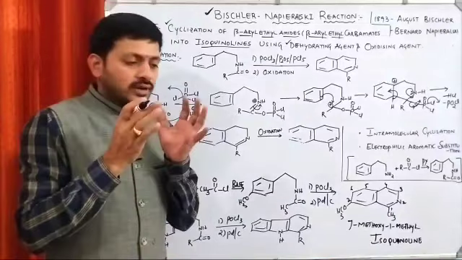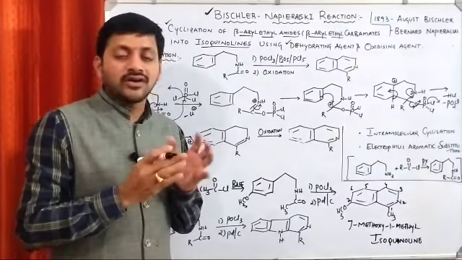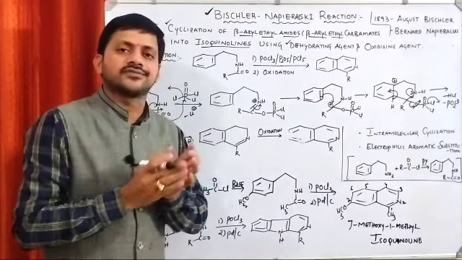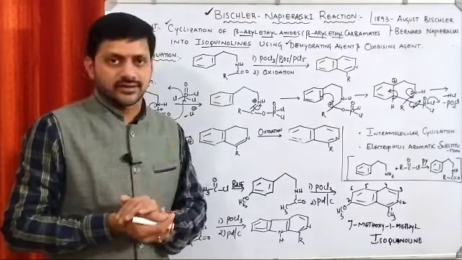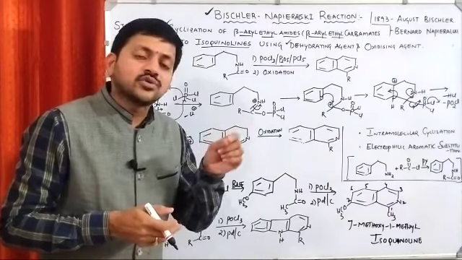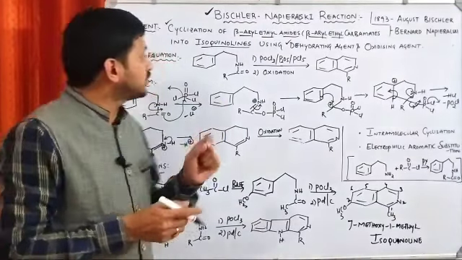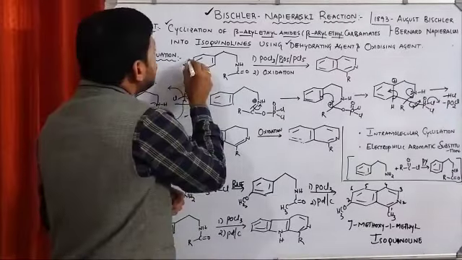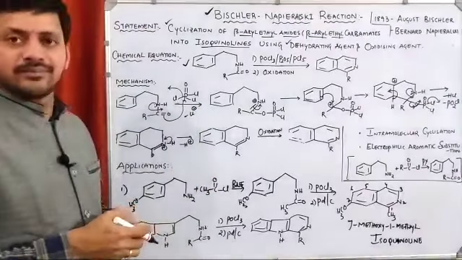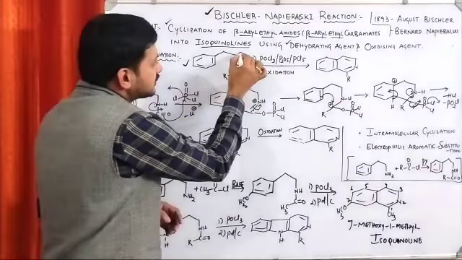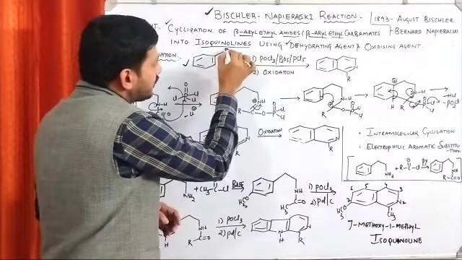Right? So according to the statement, we are going to synthesize different kinds of isoquinoline derivatives. To synthesize the isoquinoline derivatives, what are the reactants we are using? The reactants are beta-aryl ethyl amides. With respect to this amide, this is the alpha carbon, and this one is the beta carbon.